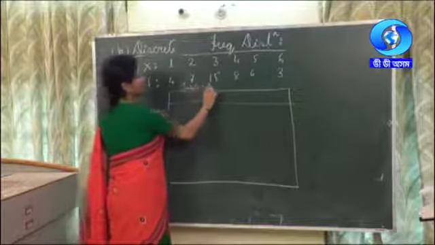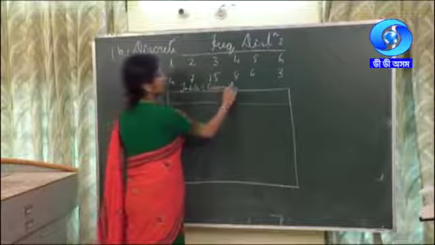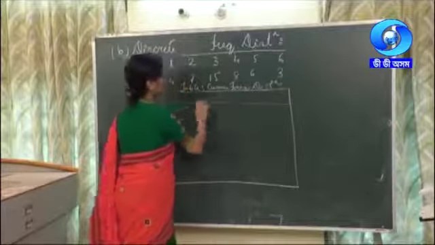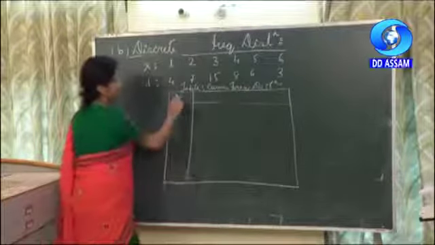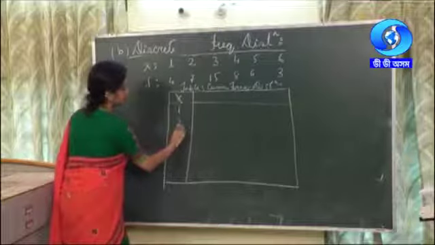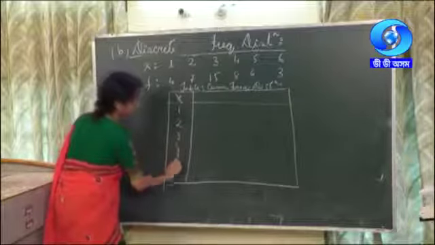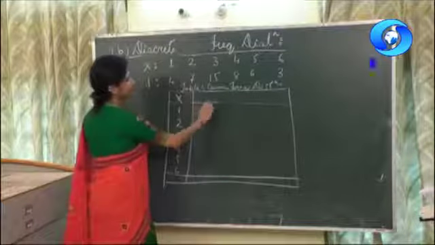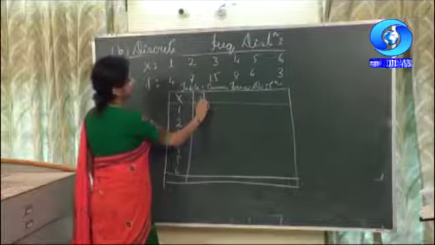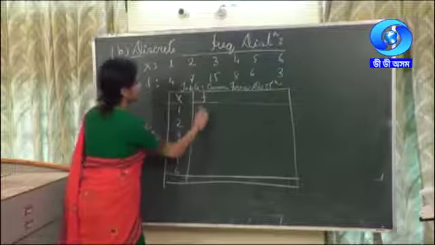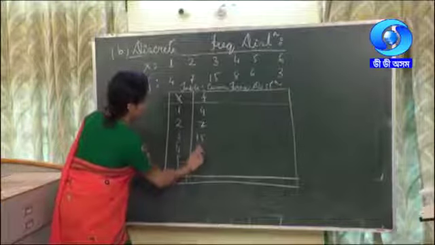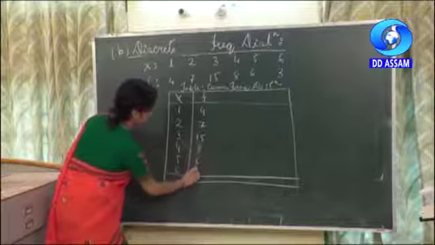This is a cumulative frequency distribution. Values of x are 1, 2, 3, 4, 5 and 6. Values of f are given: 4, 7, 15, 8, 6 and 3.